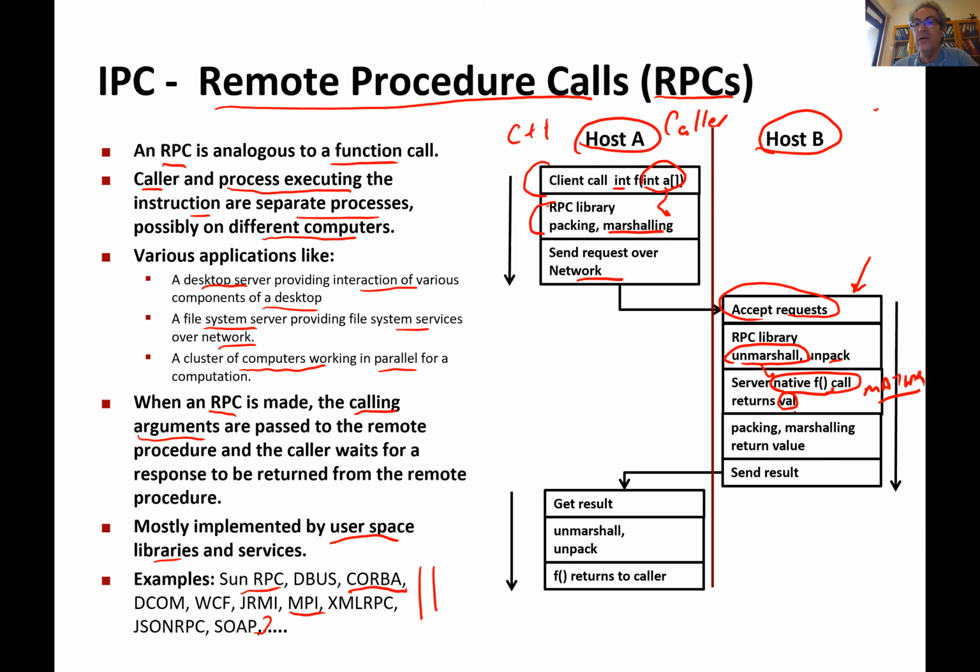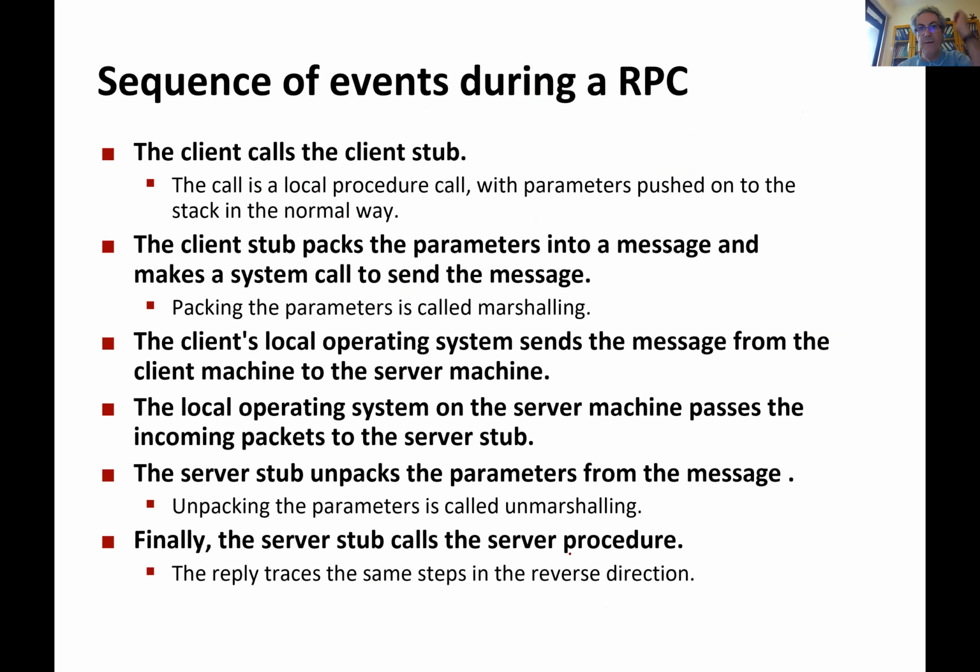And these values are then again marshaled, whatever the type of the return value, and you send the result. On host A, you get the result, you unmarshal, and then your function returns to the caller, okay? So this is the general idea.